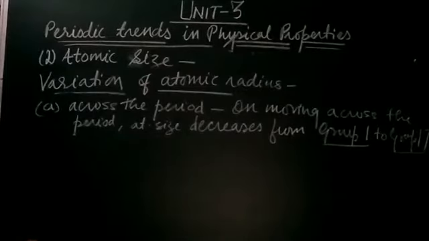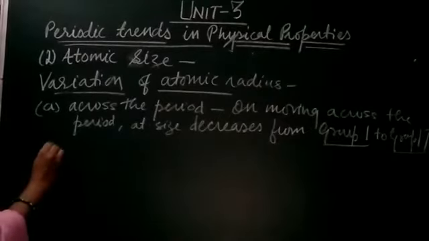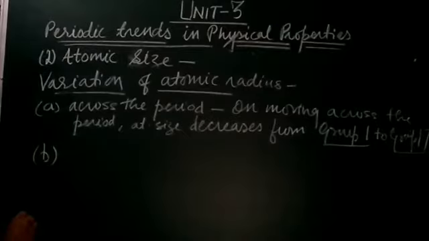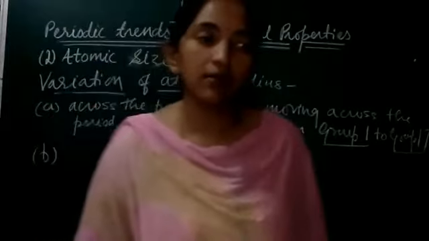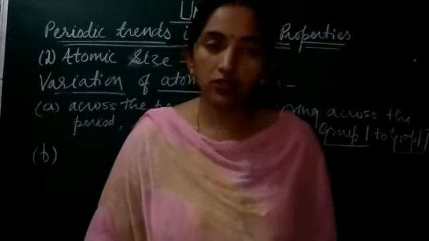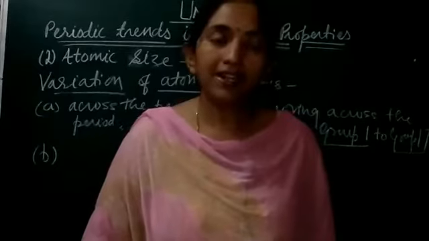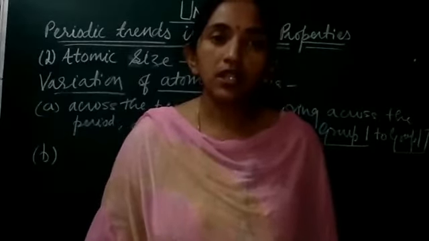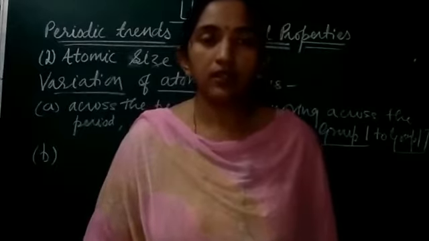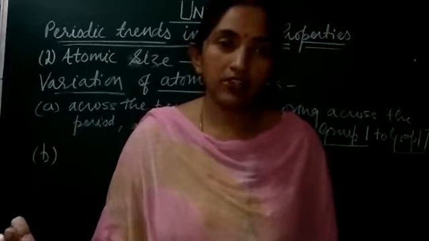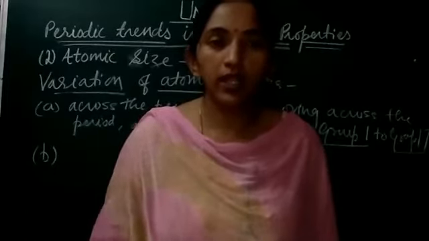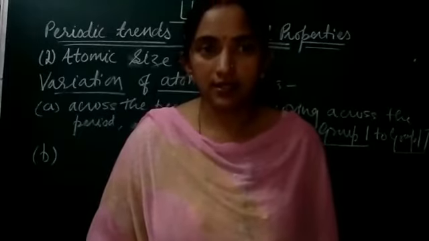Therefore, the effective nuclear charge increases and the shells are being pulled in. So on moving across the period, there is decrease in the atomic size. Due to increase in the nuclear charge, definitely there is increase in the number of electrons also by 1 unit, but the magnitude of the nuclear charge increased in the nucleus dominates, and the electrons on the outermost shell are pulled in. As a result, the size decreases.